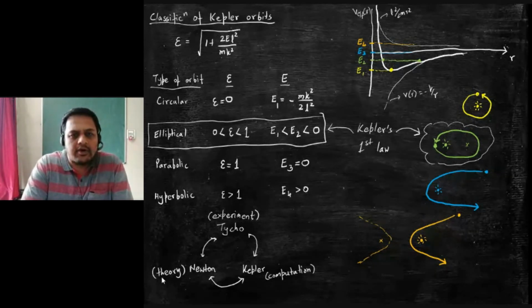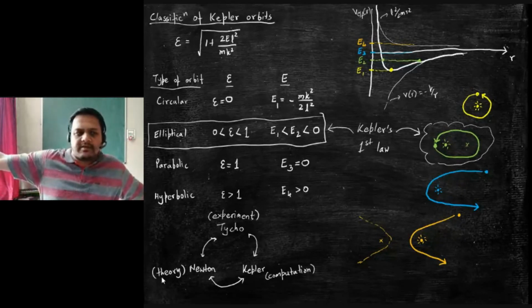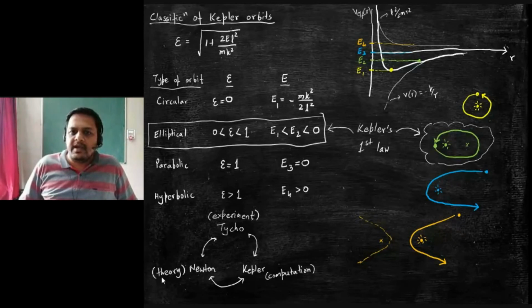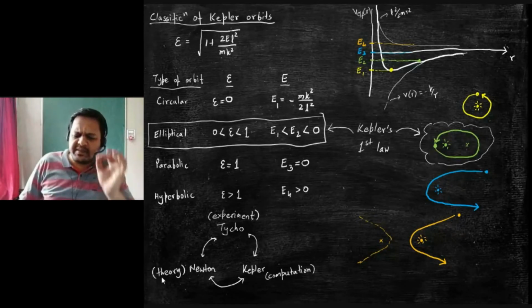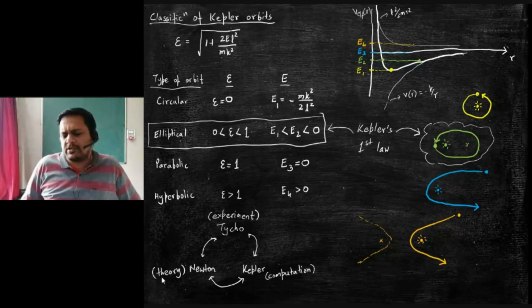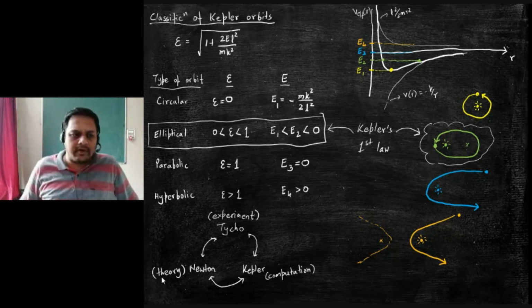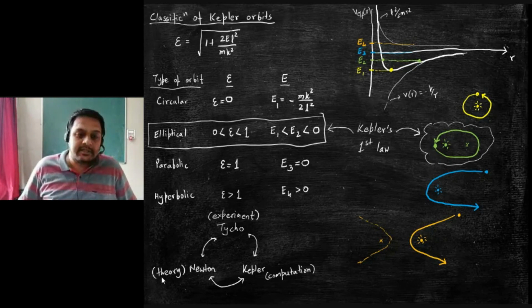But Tycho had built a sextant which was like several meters in diameter and which he used to make extremely precise and minute astronomical observations which were accurate to few arc minutes, not even degrees, arc minutes.